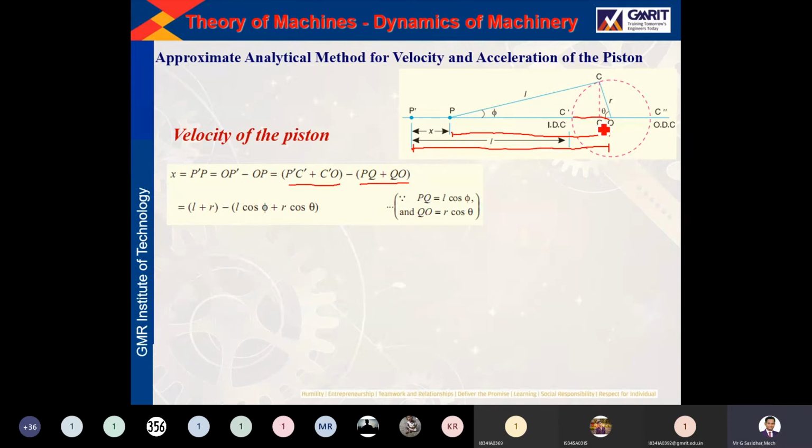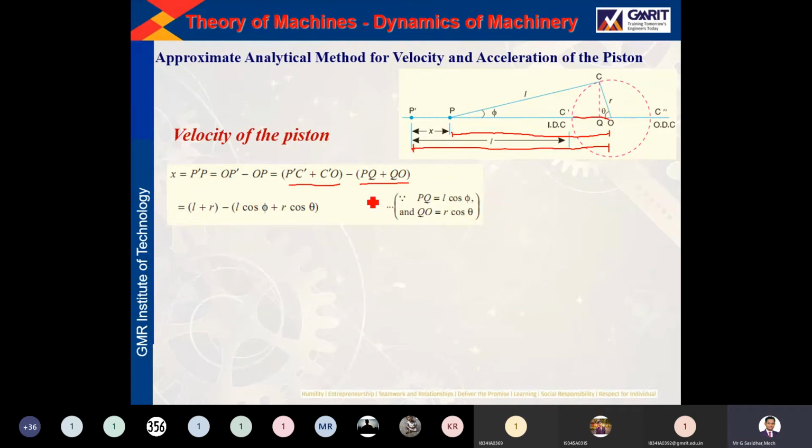Now look at the diagram. In the diagram, from triangle PCQ, what is cos pi? L by PQ. So PQ equals L cos pi. Similarly, from the small triangle CQO, QO equals what? R cos theta.